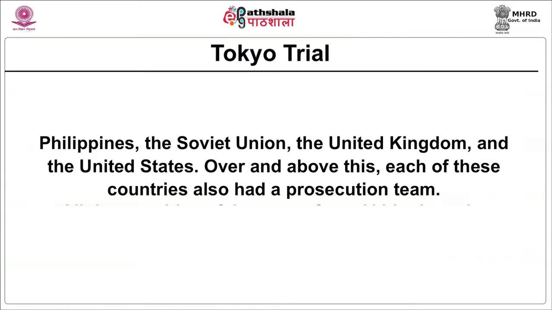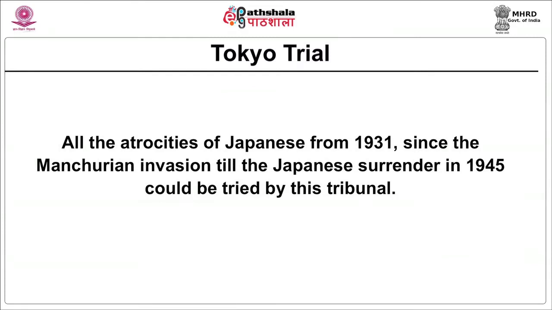Over and above this, each of these countries also had a prosecutorial team. All the atrocities that the Japanese had committed from 1931, since the Manchurian invasion, until the Japanese surrender in 1945, could be tried by this tribunal.